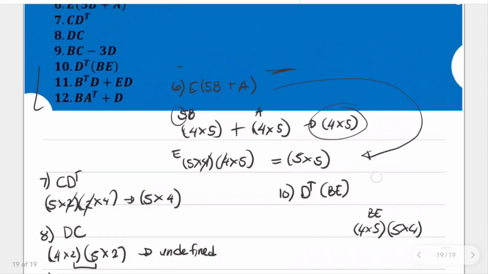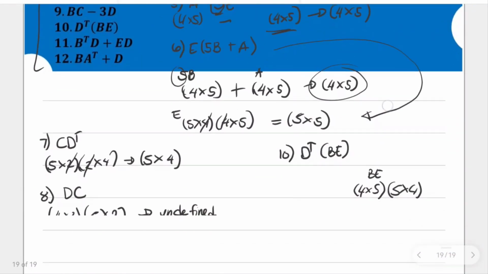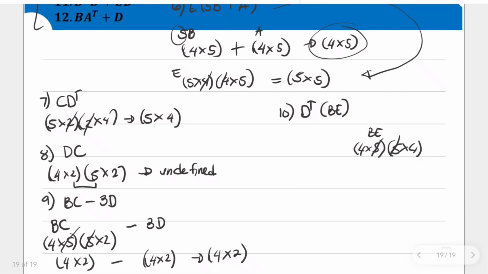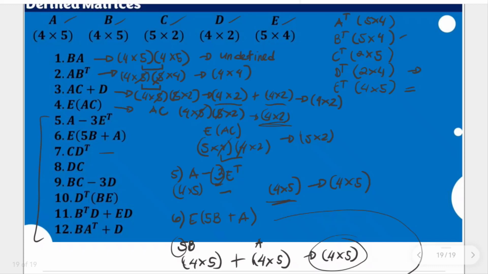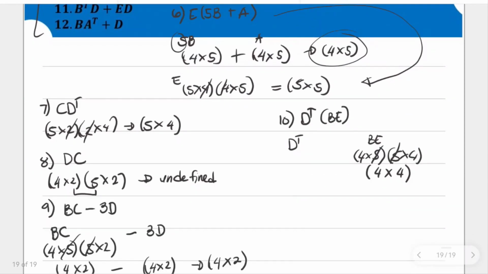As you can see here, 5 by 4 matrix. So you remove that, your BE is a 4 by 4 matrix. But this is to be multiplied with the transpose of D, which is a 2 by 4 matrix here. Right? So it's a 2 by 4 matrix. Same. So your result here is a defined matrix with size 2 by 4.